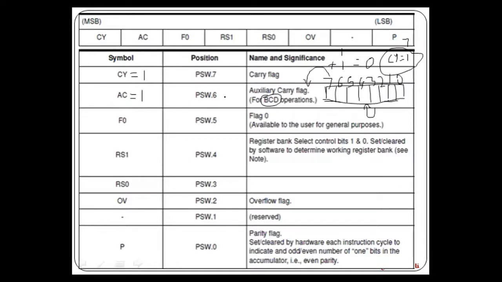How will you come to know that your result is not in BCD format? You will check your auxiliary carry. If it is set, you have to perform some operation and get the result in the BCD format. So only when you need your result in proper BCD format do we check the auxiliary carry flag.